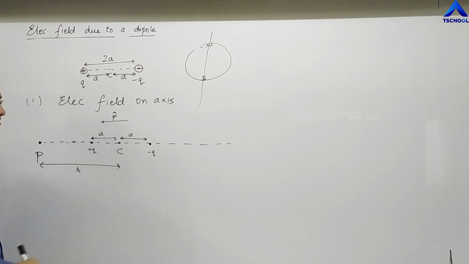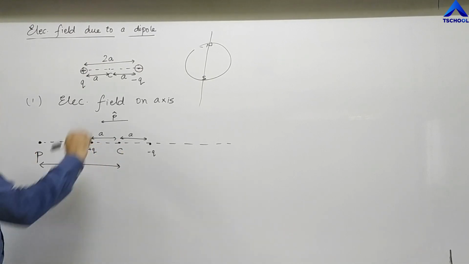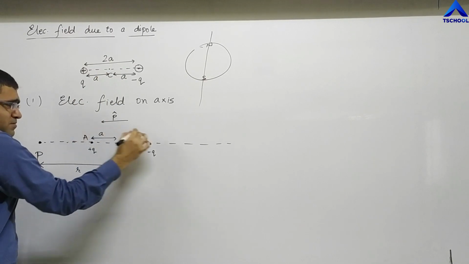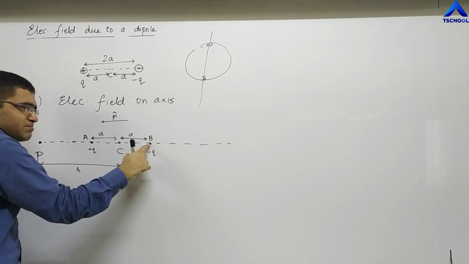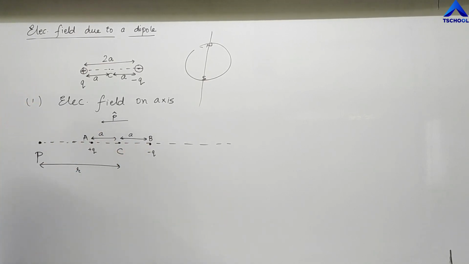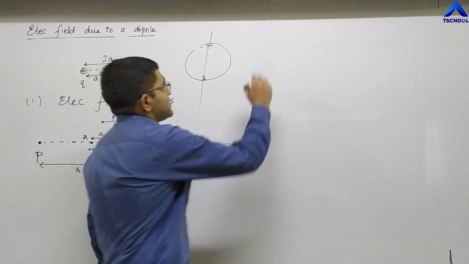So this is r. Now, let's write A for this point and B for this point, and C being the center.